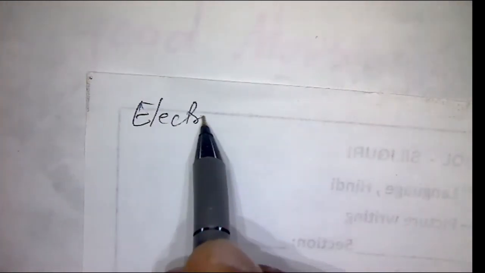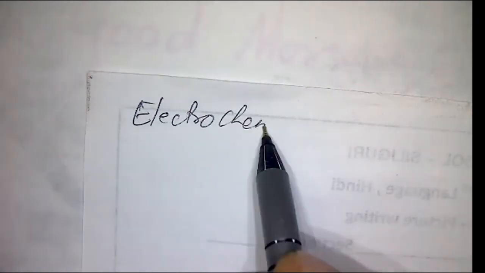We have electrochemical series. Now this electrochemical series is a series obtained by arranging all the potentials, electrode potentials we are arranging.